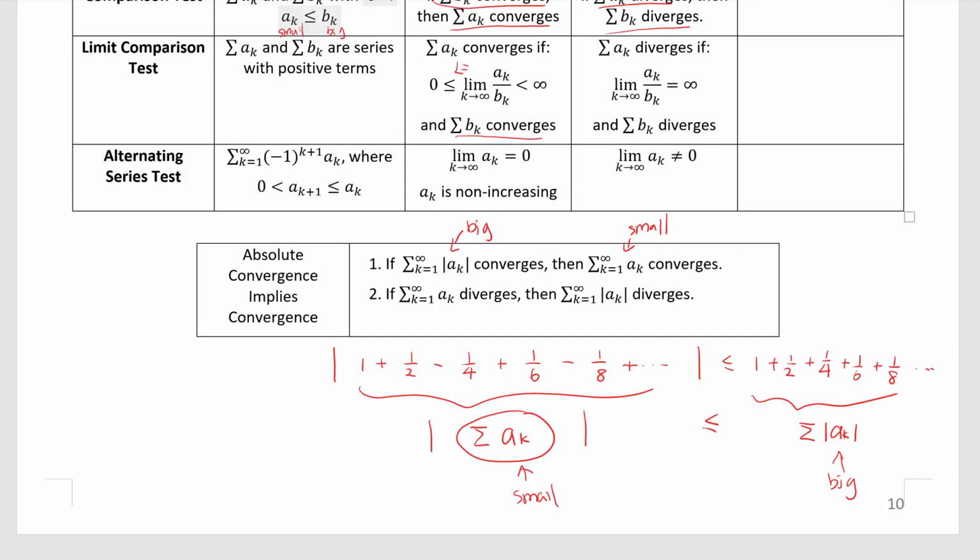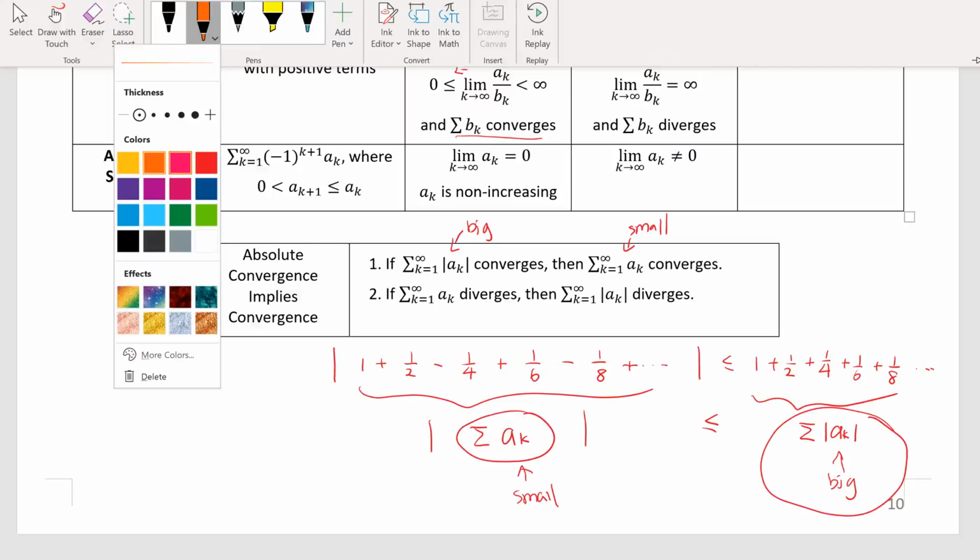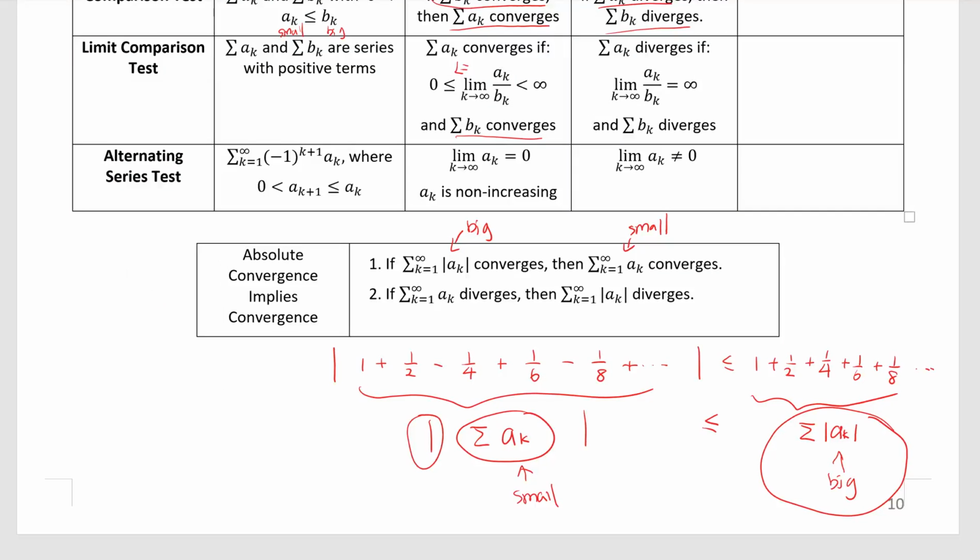If the big guy converges, it means this sum is a finite number. Because this guy is less than or equal to a finite number, the series of a sub k itself is also finite. Alright? Please keep in mind, I also put the absolute value here because I want to show you it is the magnitude that is less than or equal to the series of absolute values of a sub k.